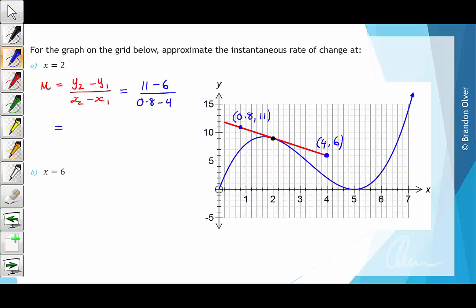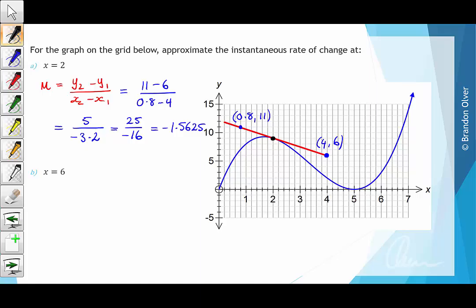So the top line, 11 take 6 gives 5, and the bottom line, 0.8 take 4 gives minus 3.2. And we can simplify that to 25 on negative 16, and that as a decimal is negative 1.5625. So that's the instantaneous rate of change as approximated by the gradient of the tangent at that point, x equals 2.